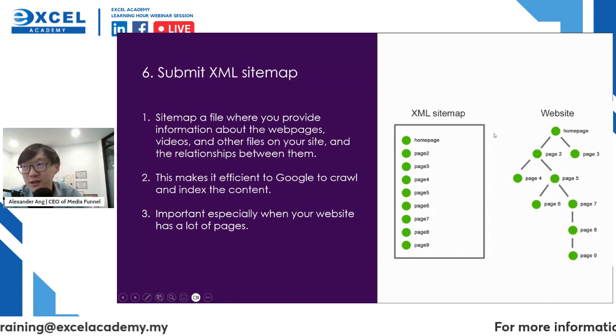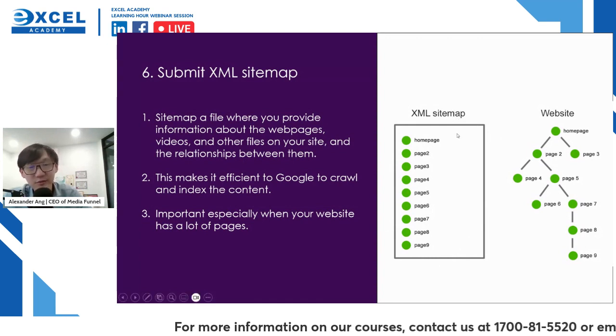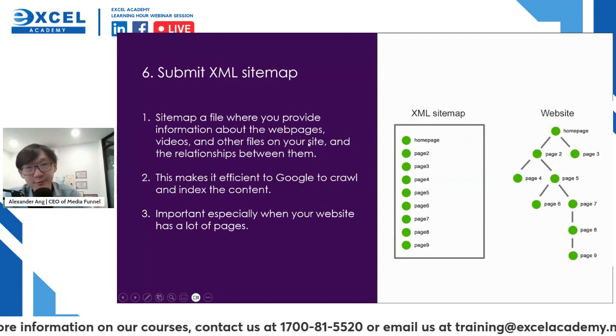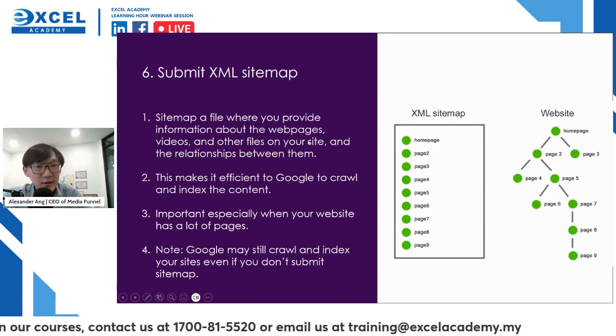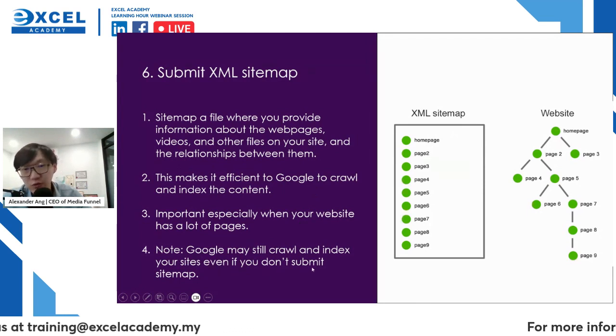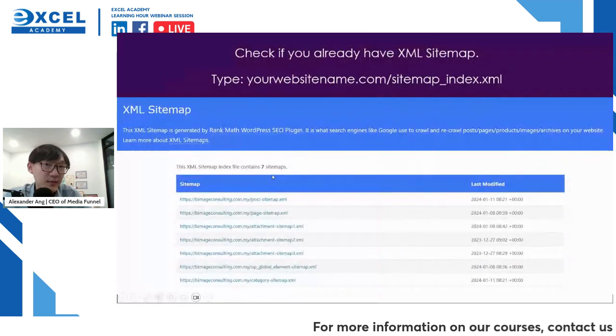In a way, you submit this code, put it inside your cPanel file, and it will allow Google to pick up more efficiently. Google may still crawl and index your site even if you don't submit your sitemap. So it's an optional thing.